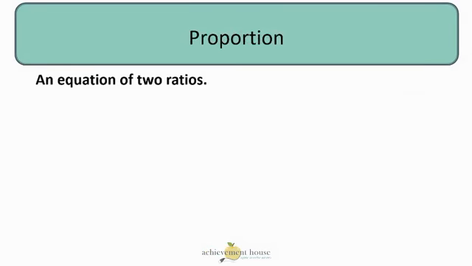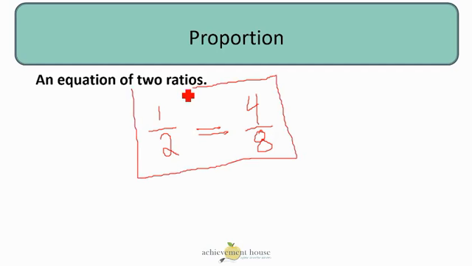Now, proportion is an equation of two ratios. So, if I have, for example, my ratio is 1 to 2, I may have a ratio that's 4 to 8. Those ratios are equal, and so I have an equation, 1 to 2 equals 4 to 8.